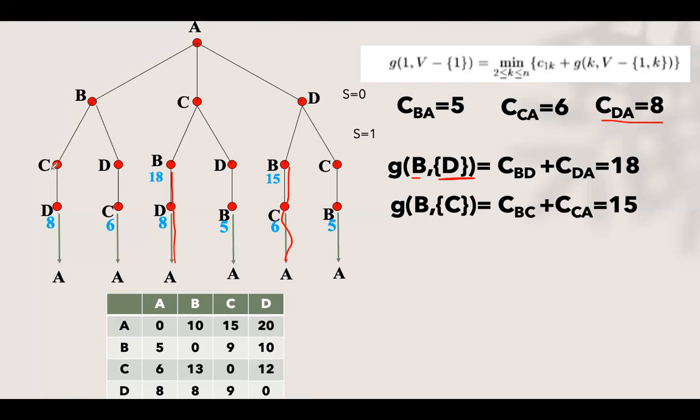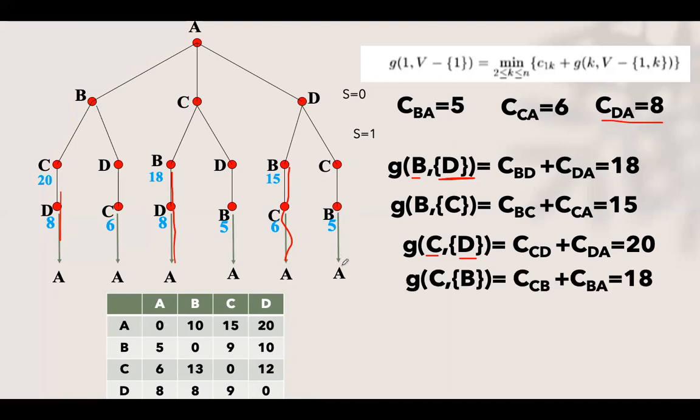Next, cost of C. When you are in C, you can go to C to D, D to A, C to B, and B to A. From C, that means cost of C to D plus cost of D to A. That is this cost, that is 20. Next, cost of C to B plus cost of B to A, that is 18.